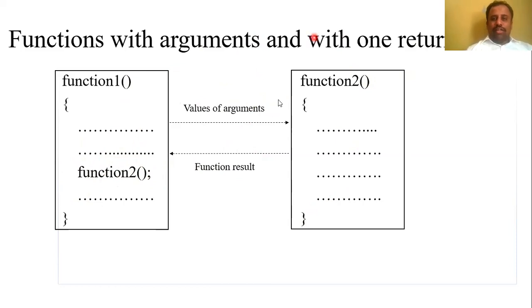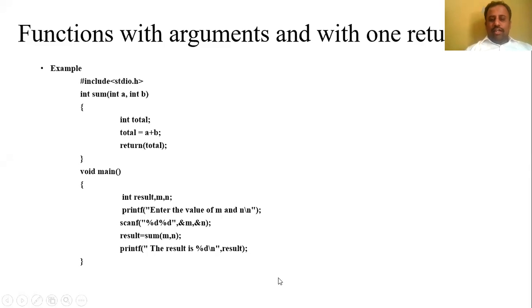So here is the example. Same function, in void main. Here is your function sum, so I need to enter the m and n values, and I also need to store some result, so a result variable is required.